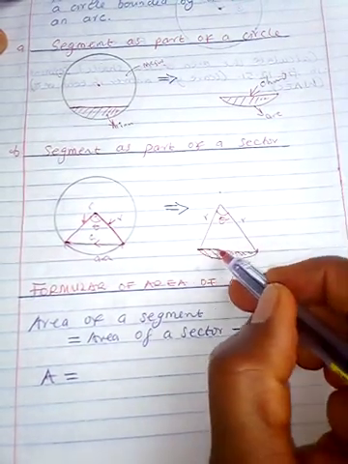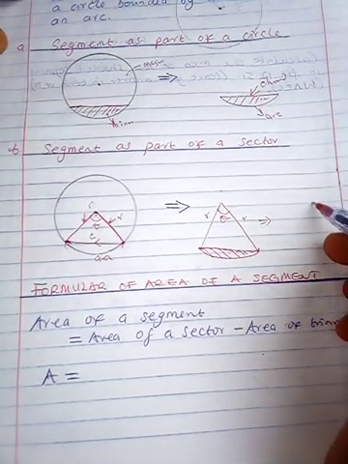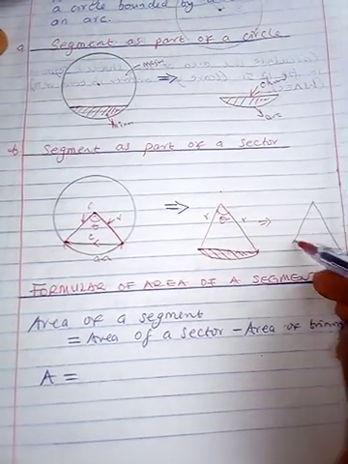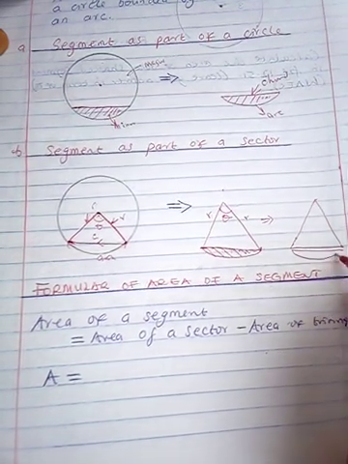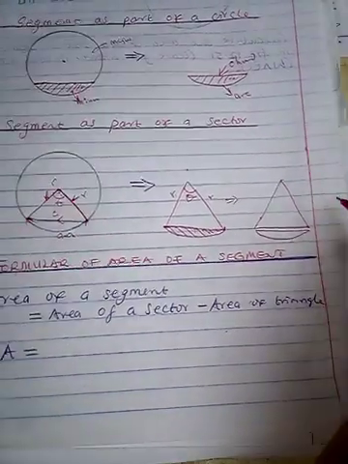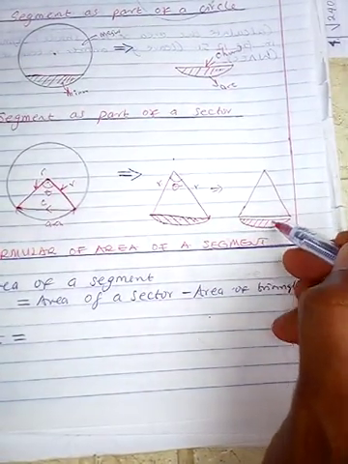Now we can also divide this sector. That is going to give us something like this. And then if we separate, at this point you can see the sector is what we are having here.